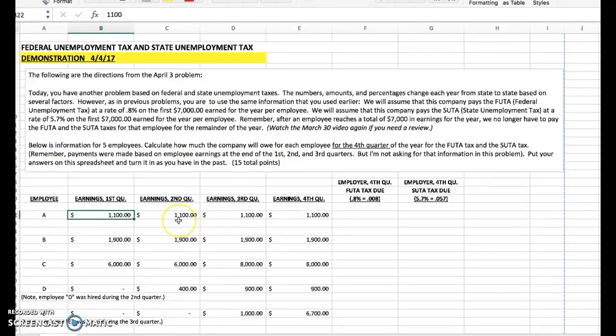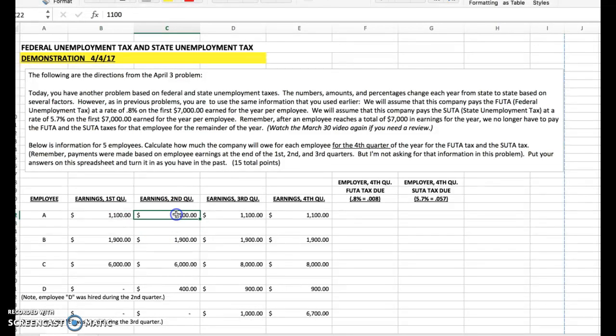Now, what's important is to understand when we get into the second quarter, then third quarter, then fourth quarter. Again, this employee A earned 1,100. His or her total for the 2 quarters is 2,200, which is still well below the 7,000. It's important to understand where that 7,000 hits.